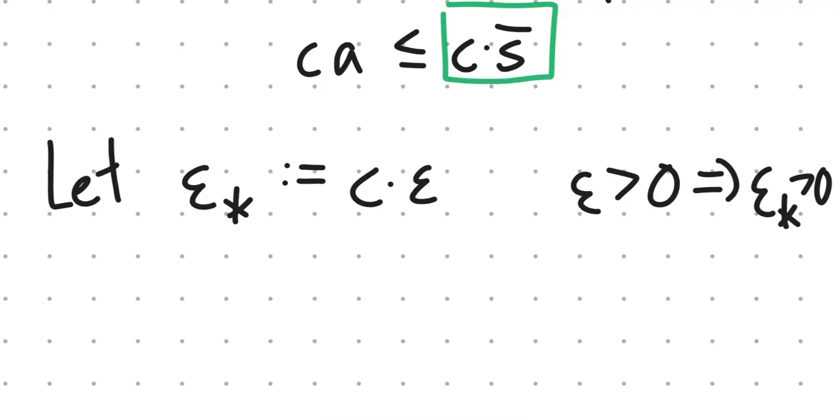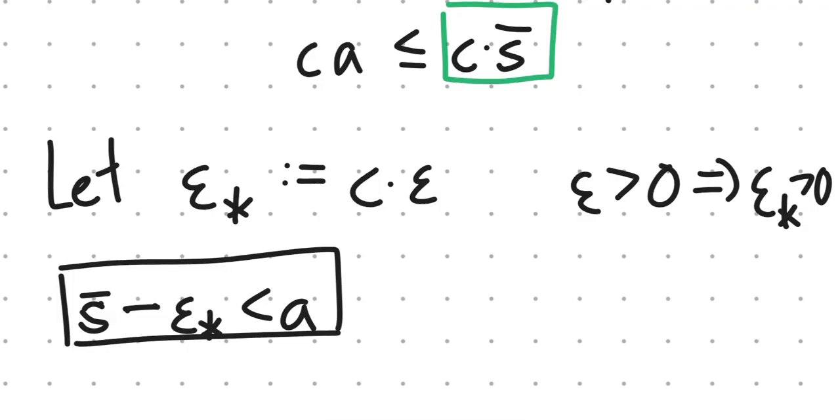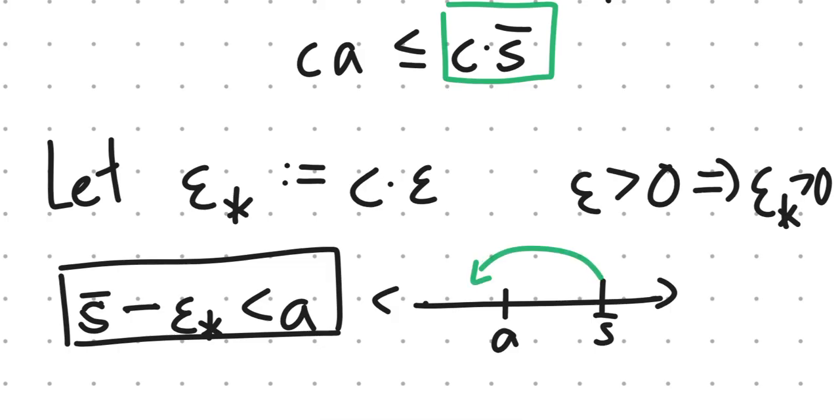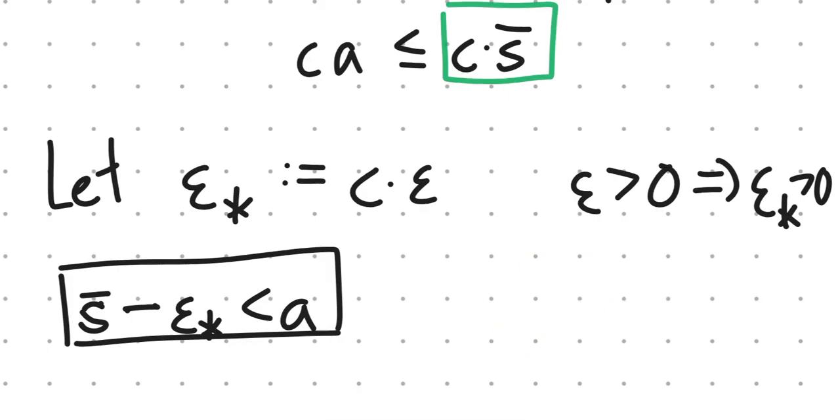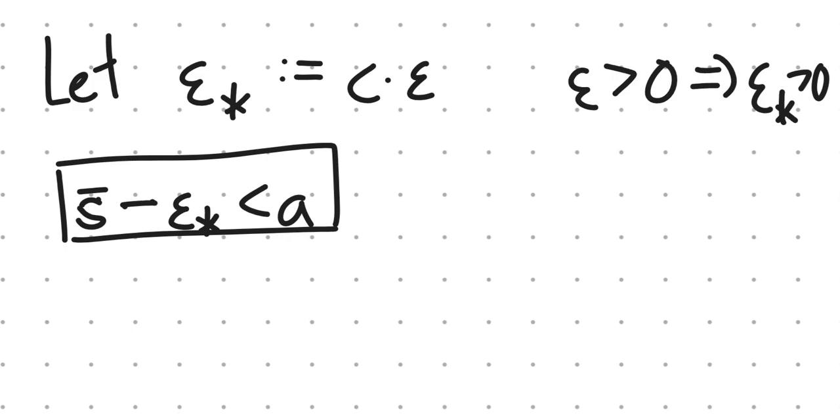Since this is true, we want to show that S dash minus epsilon star is smaller than a. This is the definition of the supremum: if we have S dash here and an a here, and we subtract something, then a is immediately bigger than S dash minus epsilon, for any epsilon bigger than 0.